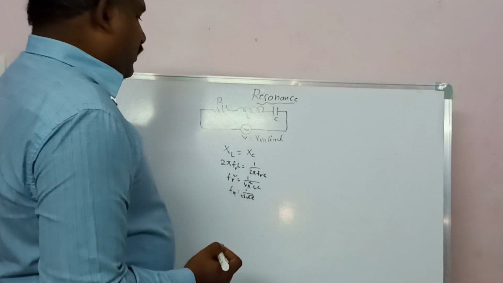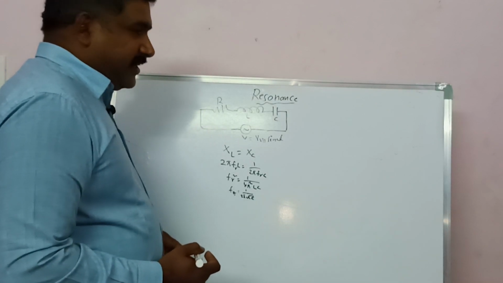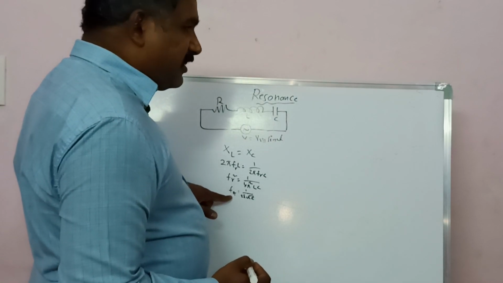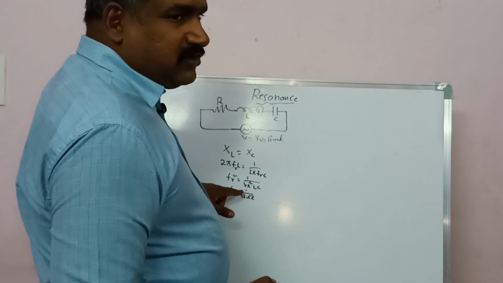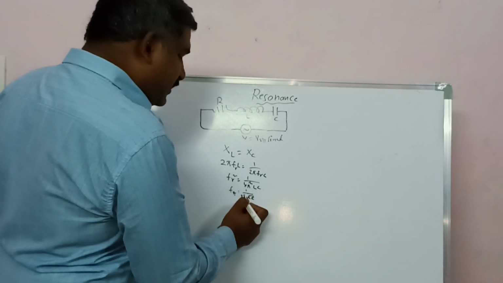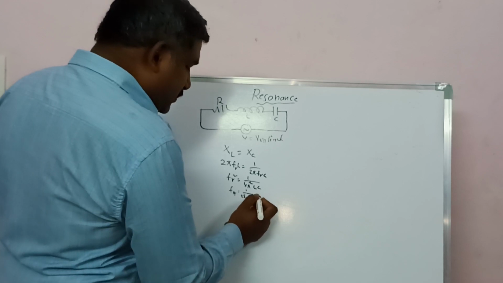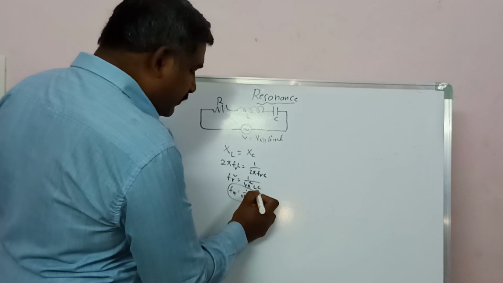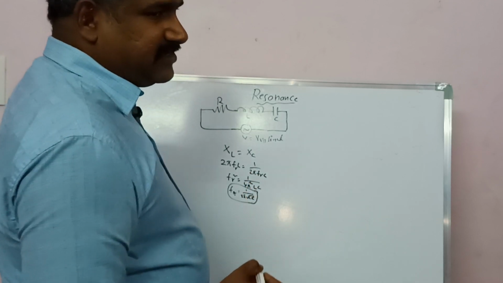And varying the value of resistance has no effect on the resonant frequency, because FR is equal to 1 by 2 pi root LC, and in this equation we have not mentioned resistance.